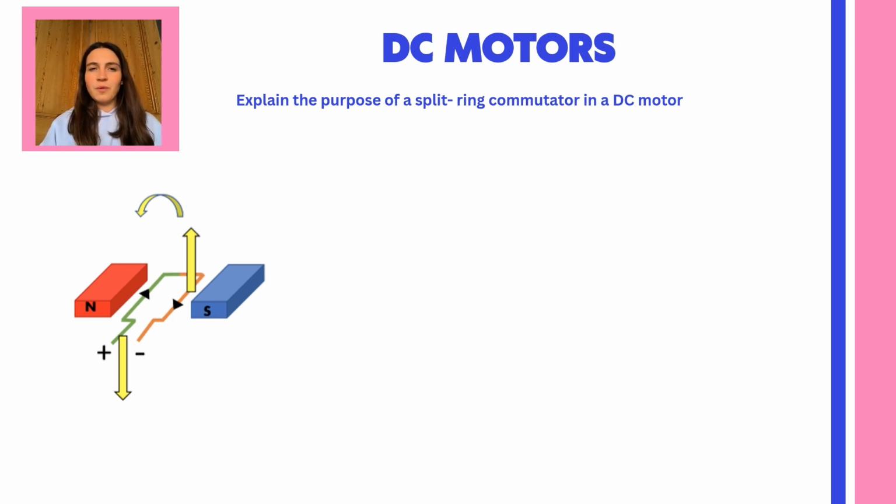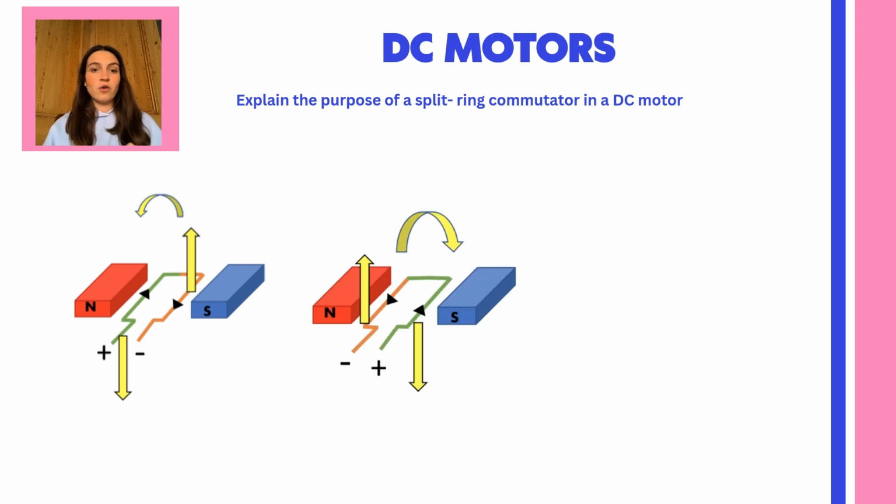Okay, so now let's imagine that wire has turned through 180 degrees so that the green and the orange side have now swapped places. Well, if I look in this picture, I'm also going to imagine for a second that the green side of the wire is still connected to the positive terminal of your battery or cell, and the orange side of the wire is still connected to the negative terminal.